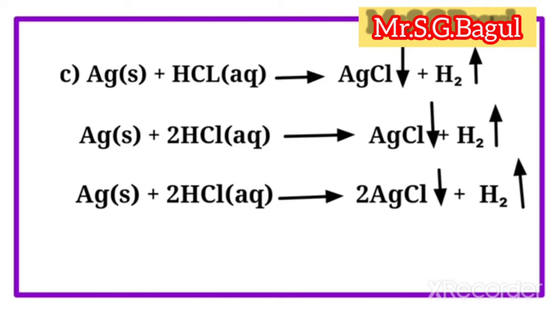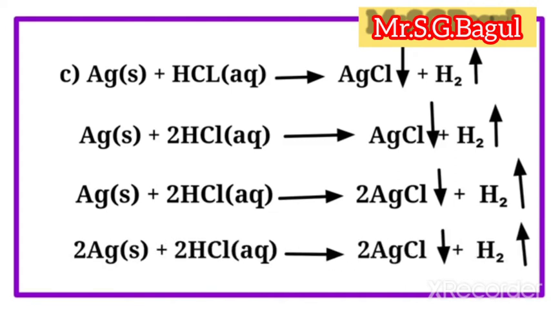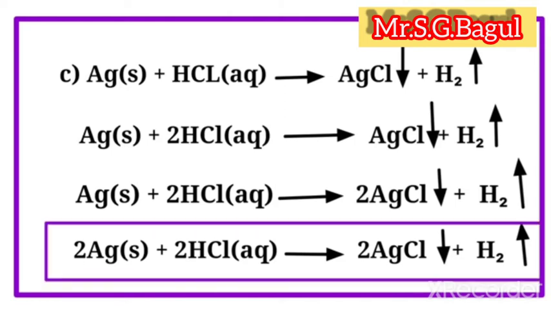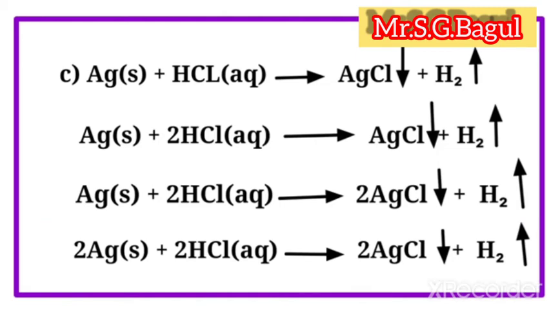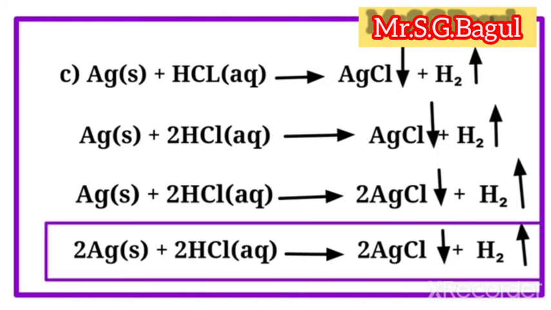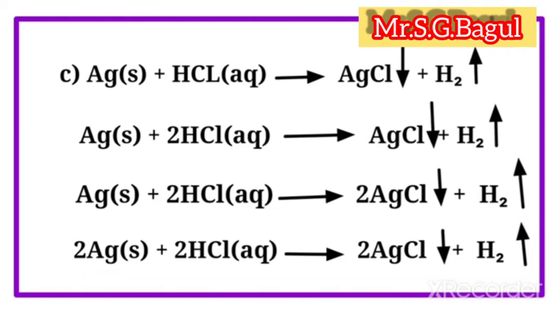So we will apply a factor 2 to the reactant Ag. We will get this reaction. Now check whether the equation is balanced. Now the number of atoms of the elements in the reactants is same as the number of atoms of those elements in the products. So this is our final balanced equation.